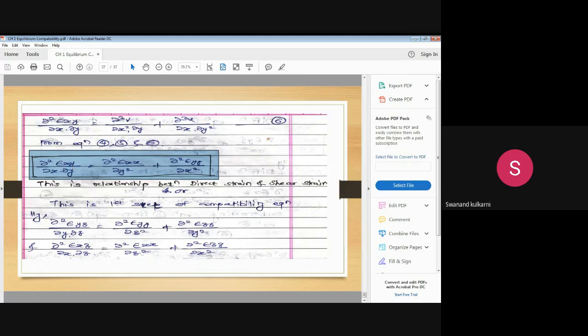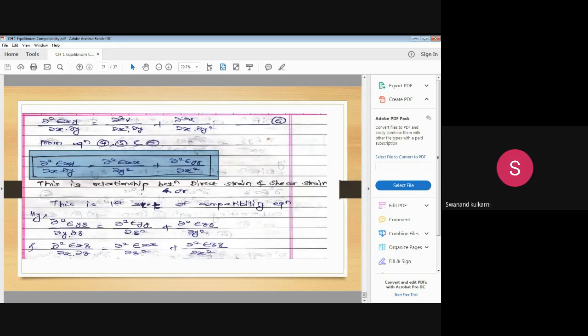So this is the relationship between the strain components εxx, εyy and the strain component εxy. So εxy being the shear strain component, εxx and εyy being the strain components along x and y axis. So this equation, which represents the relationship between the shear component and the components along x and y direction, will be considered to be the compatibility equation of strain.